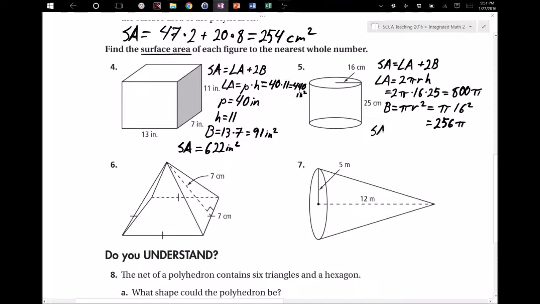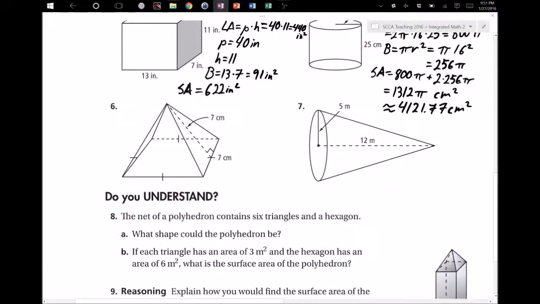So our surface area is 800 pi plus 2 times 256 pi. 800 plus 2 times 256 is 512. We end up with 1312 pi centimeters squared, and we can approximate. If we use pi is 3.14, we get 4021.77 centimeters squared.